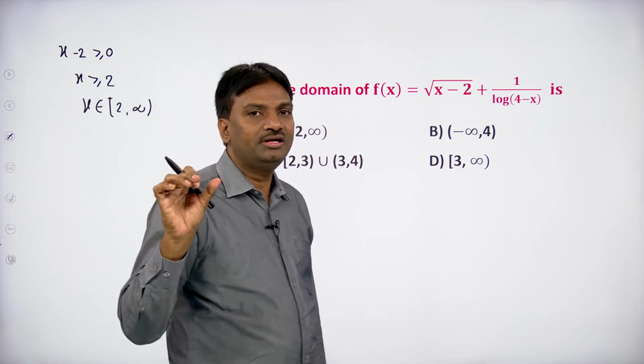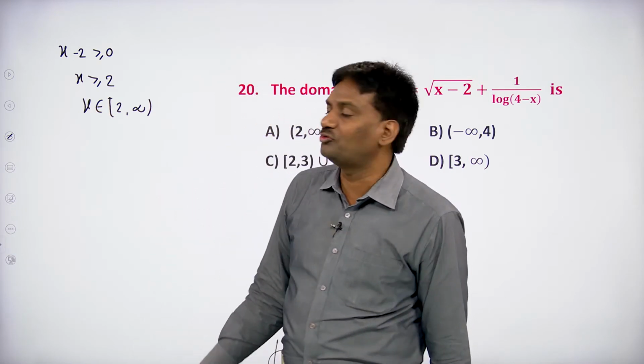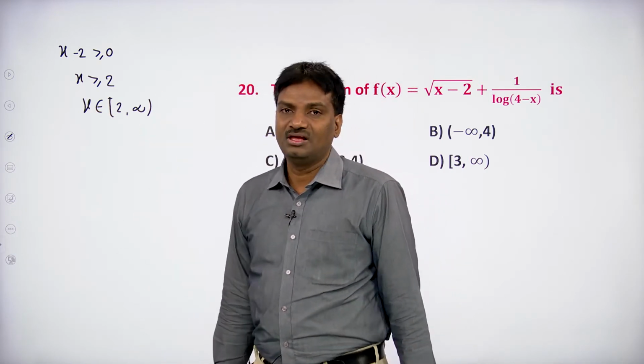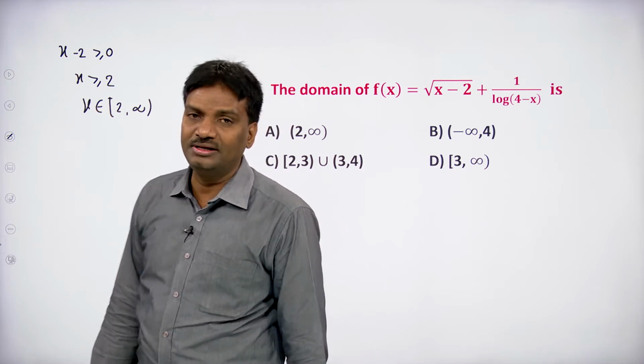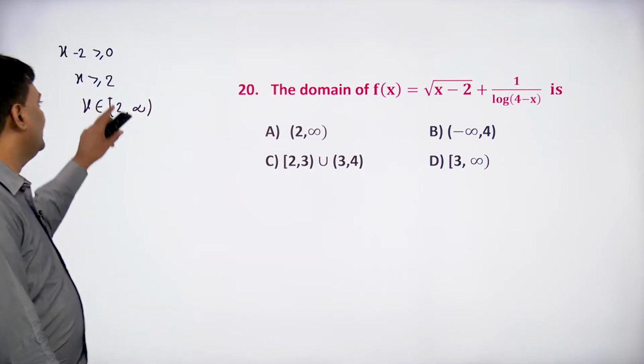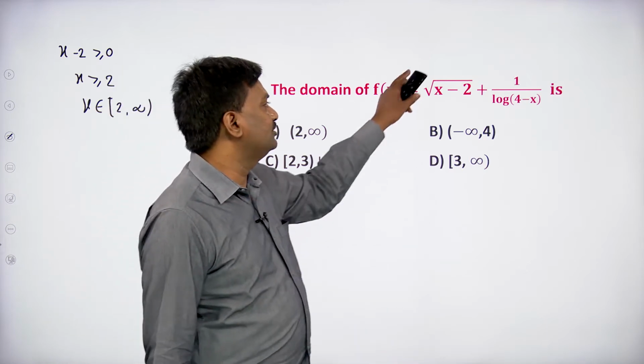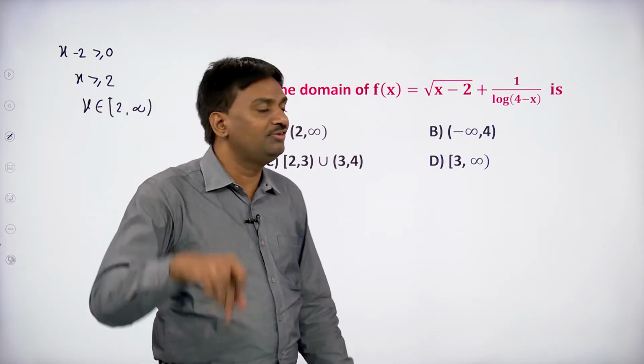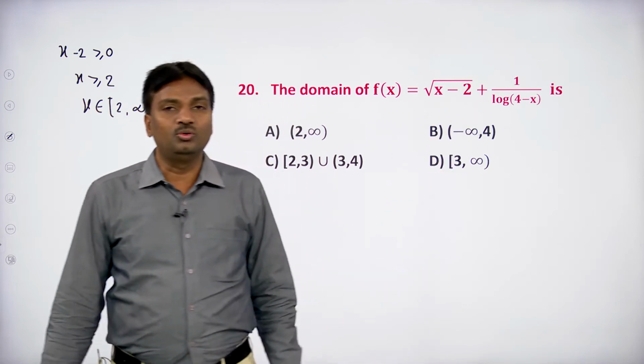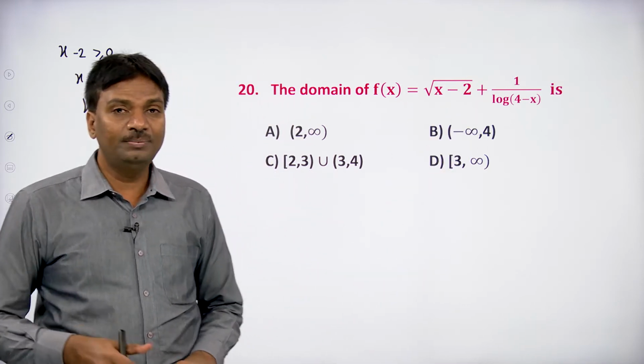For plus infinity and minus infinity, always you have to take the open bracket like this. So x belongs to [2, infinity). When in place of x you take any value in this interval, root x minus 2 will be defined.